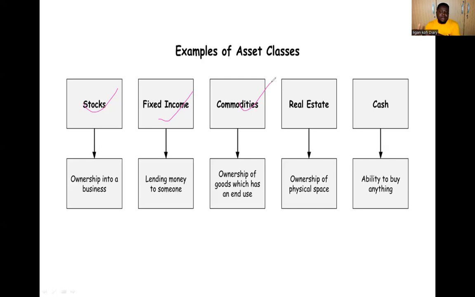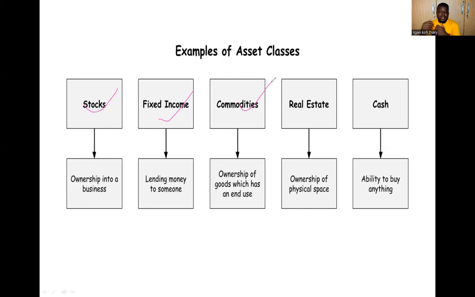So when you keep those bags of rice, and you wait for those number of years and then you sell it off for profit, you are actually in the commodity class of business. So that is also another class.